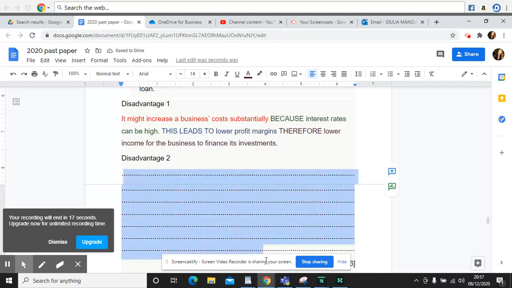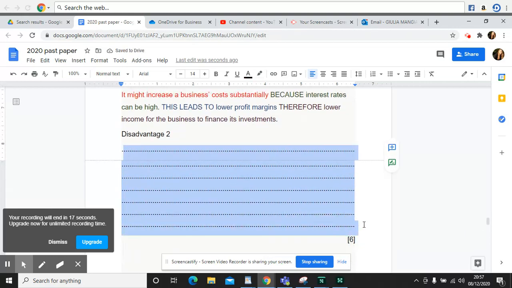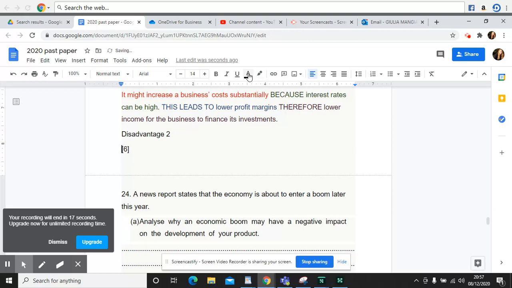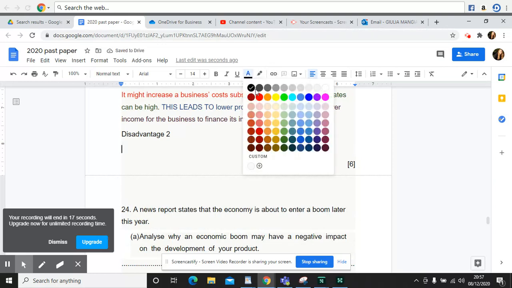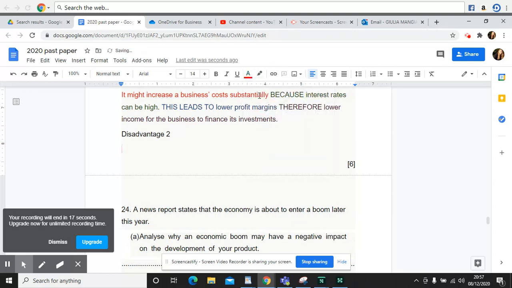And then disadvantage number 2, I'm again going to do it to give you ideas for your exam. The other thing I would write for this is that a detailed application form from the bank may be required. Why?